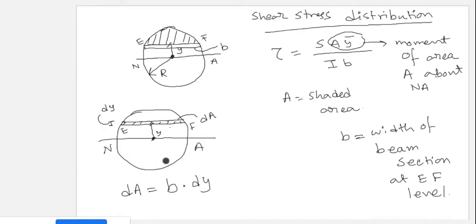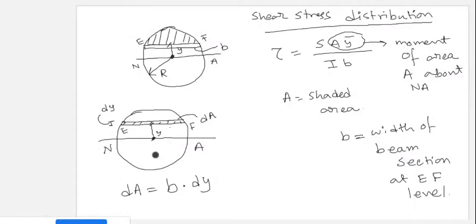So what are the things we know? We know the radius R that is given, and the y distance which we have assumed as the distance between the neutral axis and EF layer.